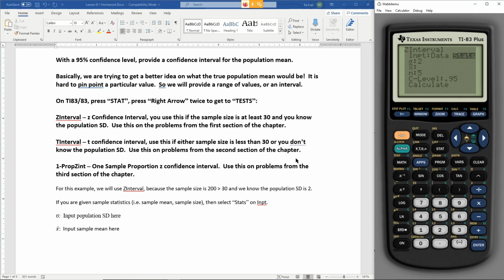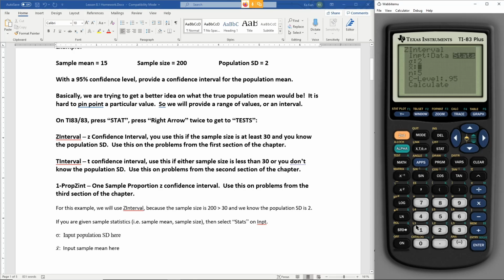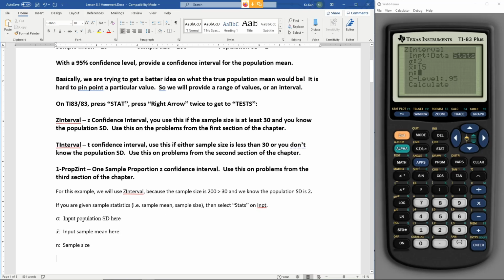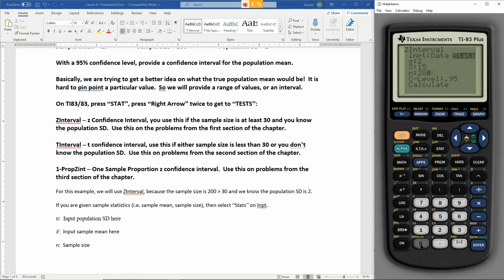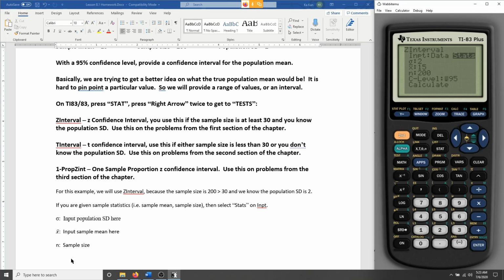This is where you input the sample mean, and it's 15. And of course there's the sample size, that's easy. The sample size in our case would be 200. And then what's C level?